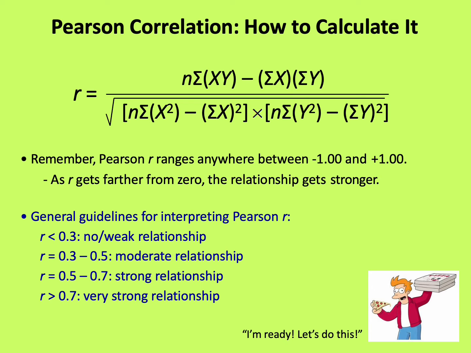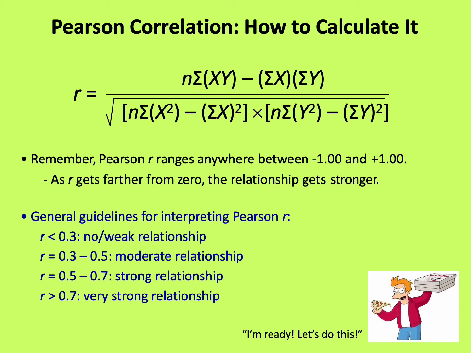So again, Pearson R ranges anywhere between -1 and +1, and as R gets further from 0, the relationship gets stronger, right? And we do have general guidelines for what constitutes a weak correlation and what constitutes a strong correlation.